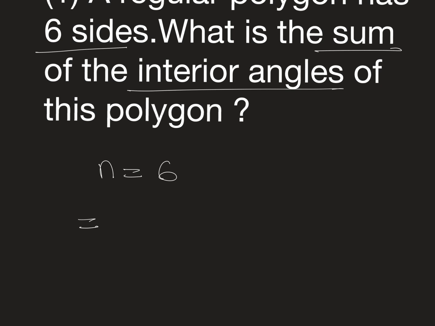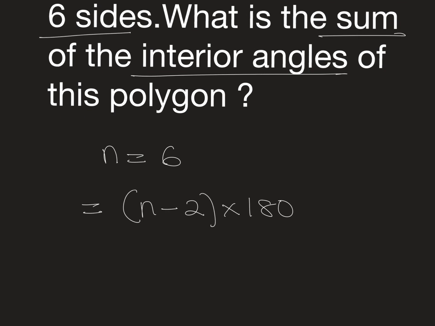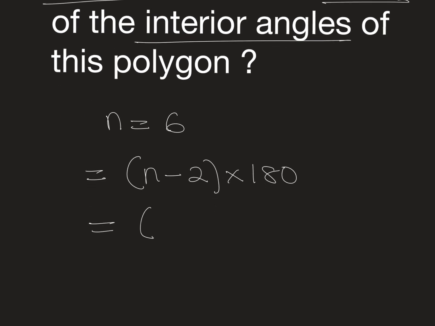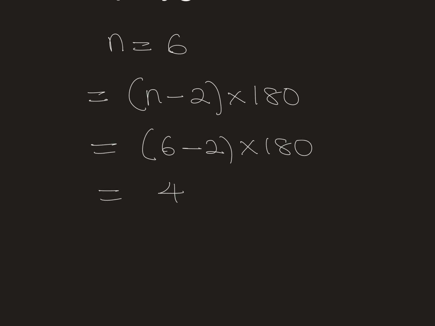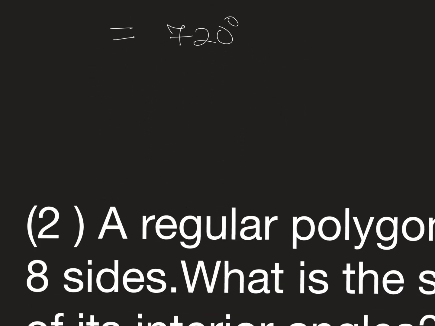The sum of the interior angles of a polygon is (n minus 2) multiplied by 180. So that is going to be (6 minus 2) multiplied by 180, which is 4 multiplied by 180, and that will give us 720 degrees.